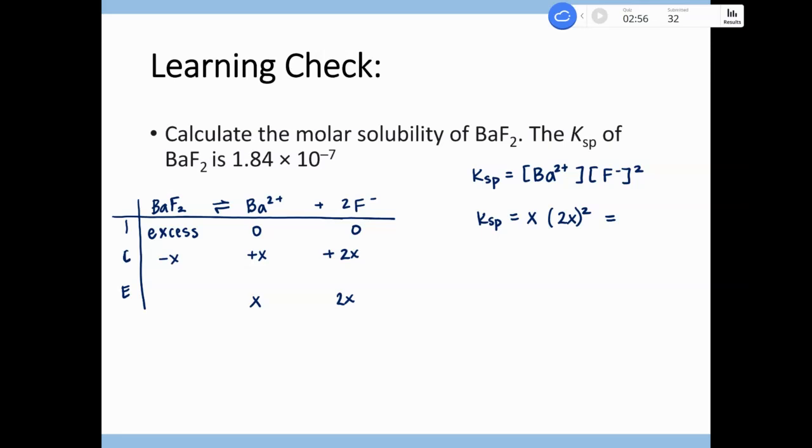We multiply by that other x, so KSP at equilibrium is 4x cubed. So 4x cubed is equal to the KSP value, 1.84 times 10 to the negative 7. So for x, we divide by 4, and then take the cube root.